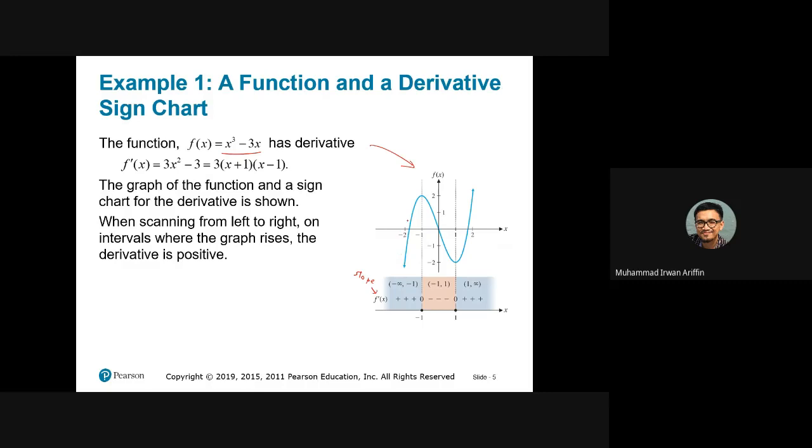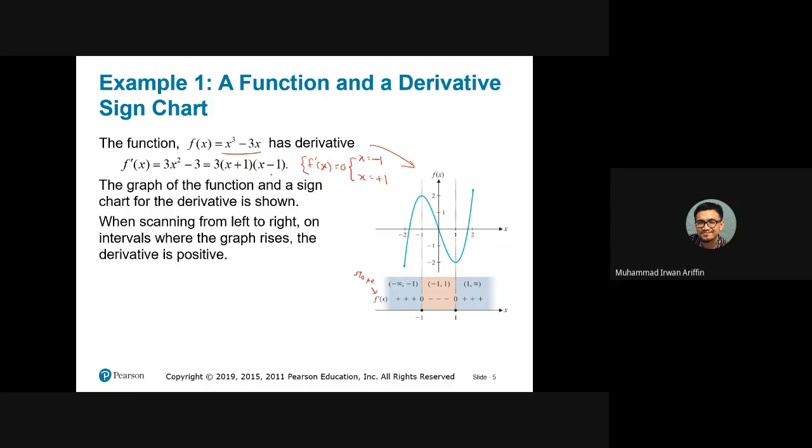Since the graph is going up, we put the positive sign all the way to -1, because when x equals -1, what is the value of our derivative? It is 0. Based on this, we know that f prime of x equals 0 when x equals either -1 or x equals +1.